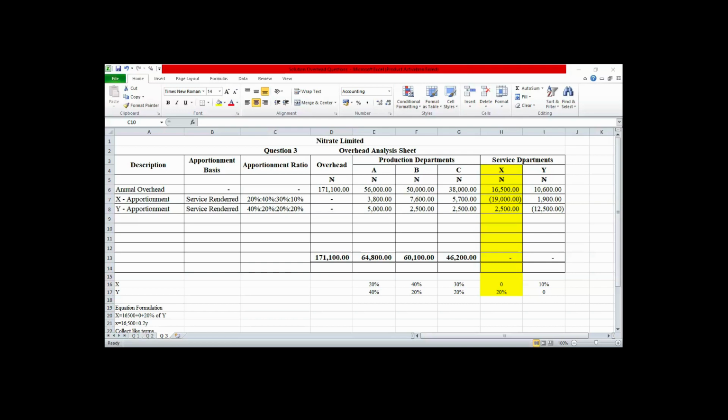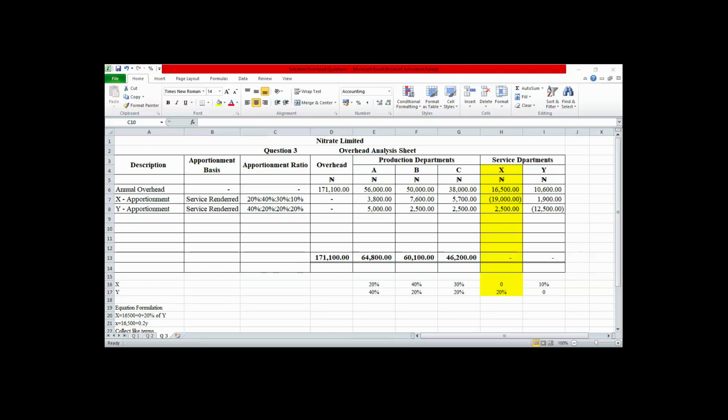We have minus 0.2y divided by minus 0.2 equals 16,500 minus X in brackets divided by minus 0.2. Then, when we cut this, what we have left is Y.